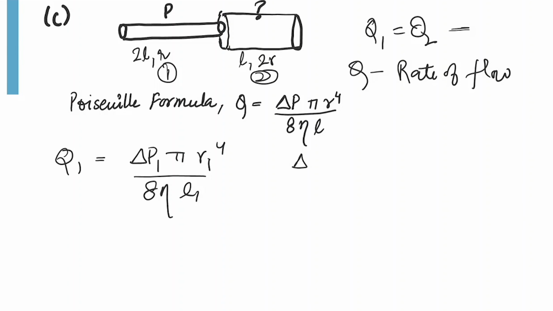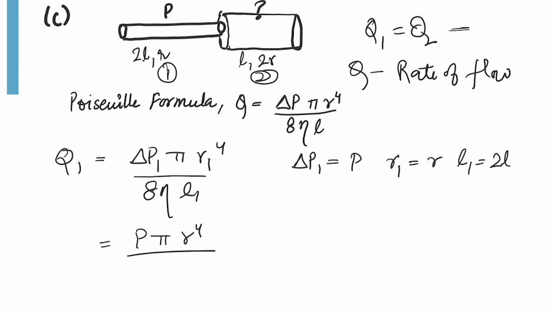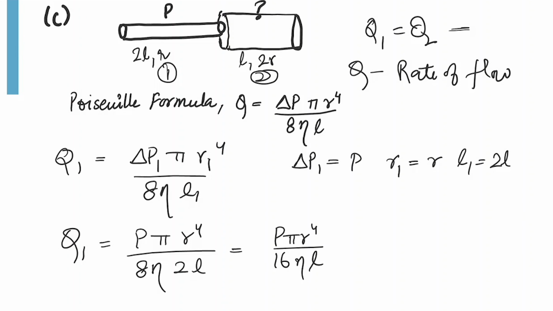Here delta P1 is the pressure difference across the first capillary tube, which is given as P. R1, the radius of the first tube, is R, and the length is twice L. We will put all these values, so our expression becomes 8 eta times twice L. So Q1 is P pi R^4 by 16 eta L.